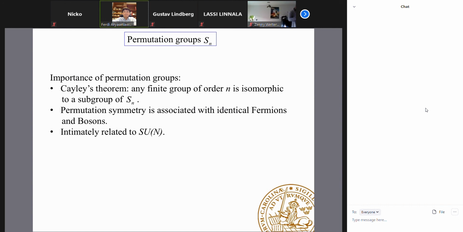In physics, we know that we have permutation symmetry associated with identical fermions and bosons. And later, when you do continuous groups, it is also related to the SU(N) groups. We will do some Young diagrams to study the permutation group, and there are some rules about how you multiply two Young diagrams.